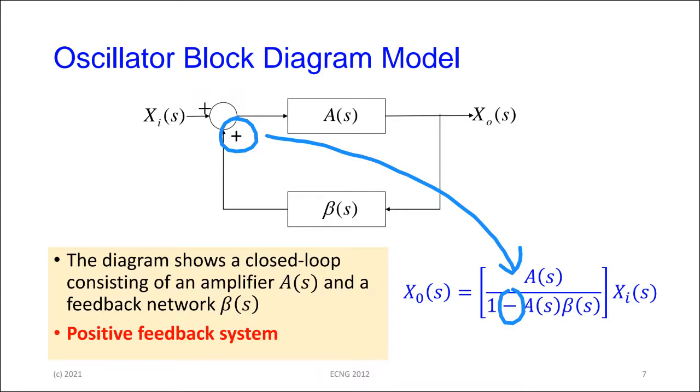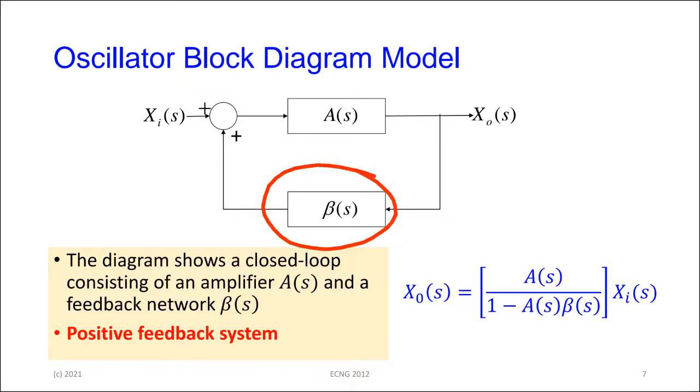Now, the thing about positive feedback, and we mentioned this already, is that it's taking the output and sending it through this network here, and the network is doing something and sending back a signal here. Now, whatever it sends back is going to be added to X. So it sends back and it adds.